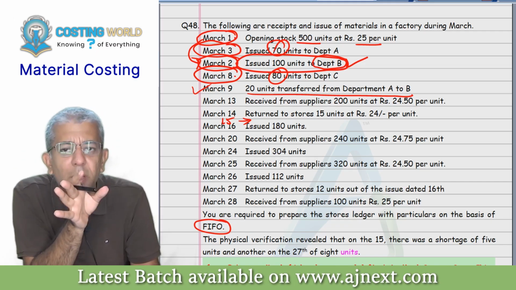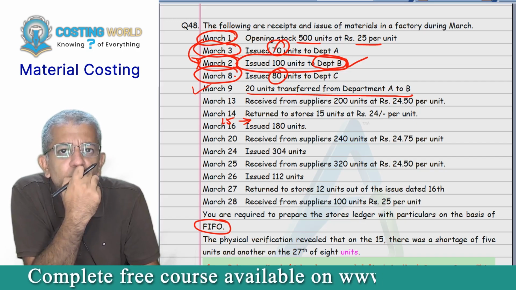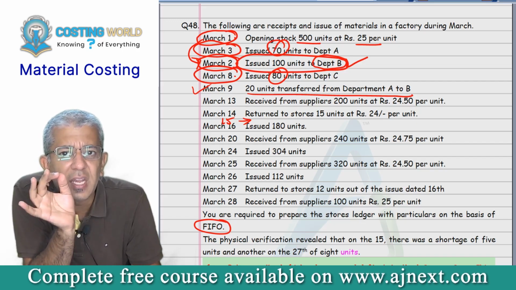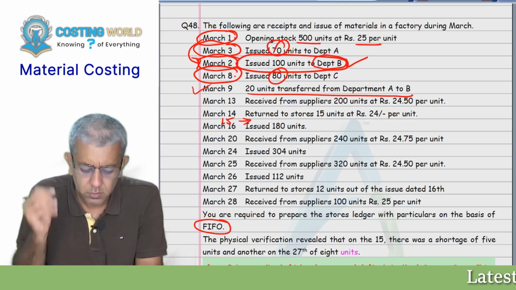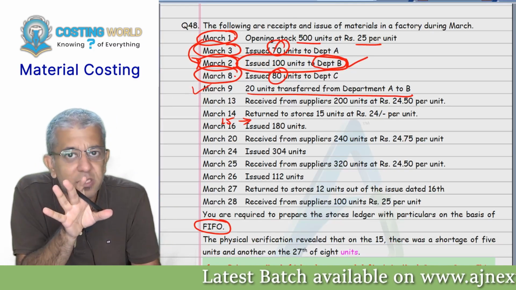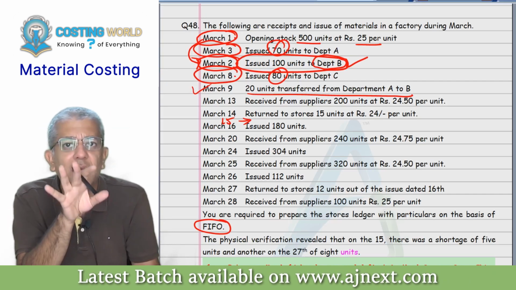Department B account debit to department A, no? Can we say that entry will not affect your SLC account? Yes, sir. So it is not that this transaction will not have an entry, it will have an entry, but the entry will not affect us.